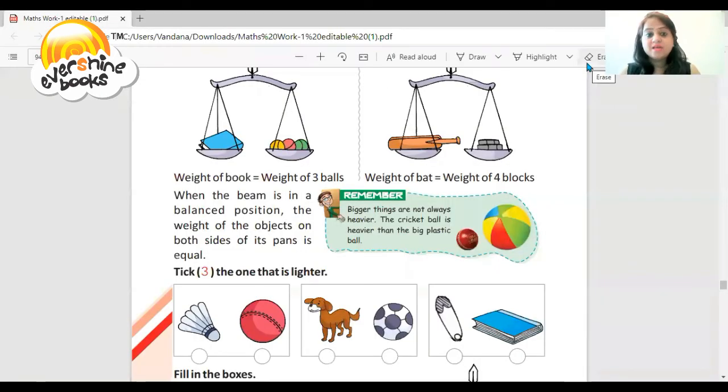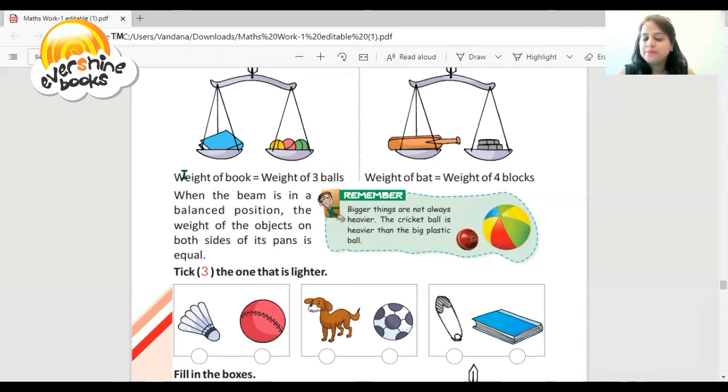Now, students, this is your beam balance. When you go to the market with your mother, you see a beam that is used for measuring weight. So students, the weight of the book and the weight of 3 balls are both equal.